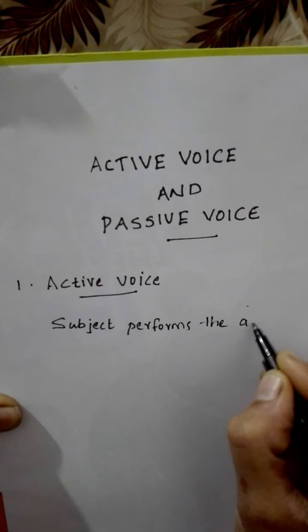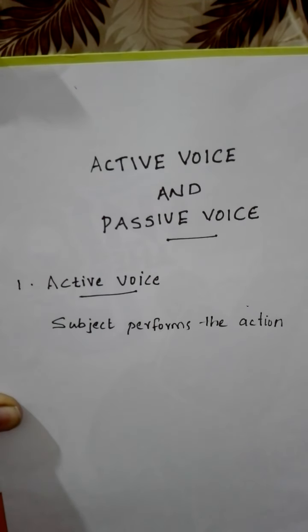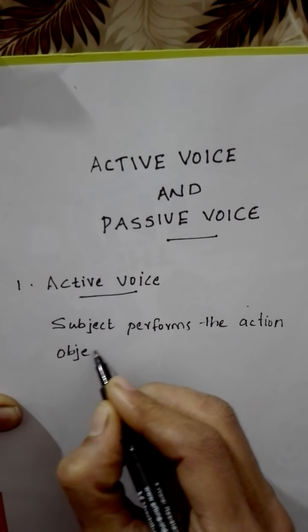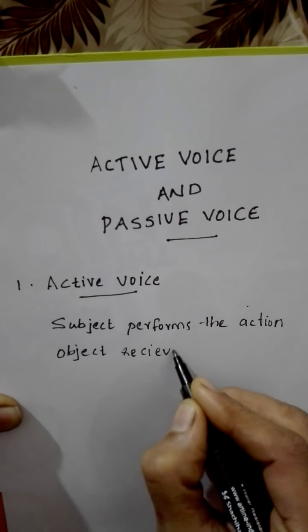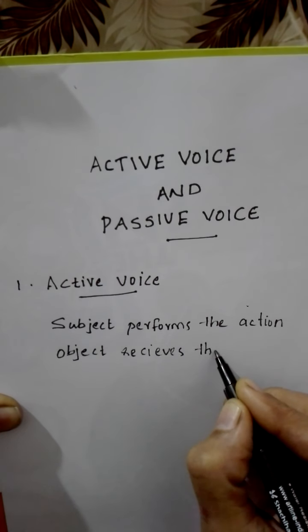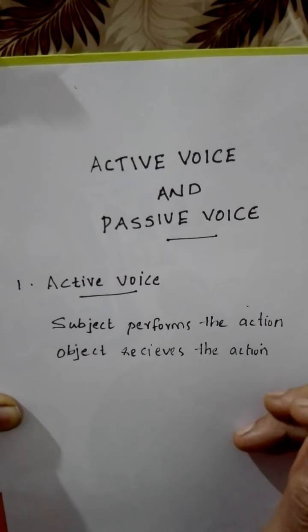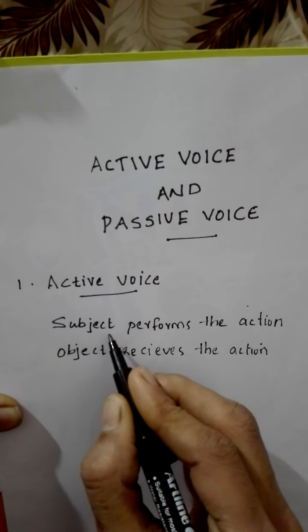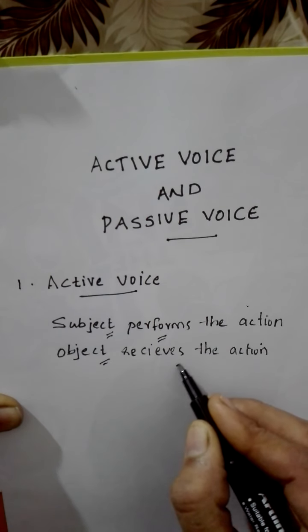In active voice, the subject performs the action and the object receives the action. Got it? Subject performs the action and object receives the action. That is active voice. Means who is the performer? Subject is the performer and object is the receiver.